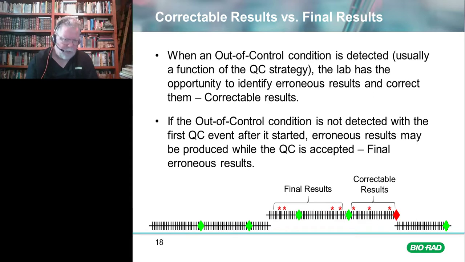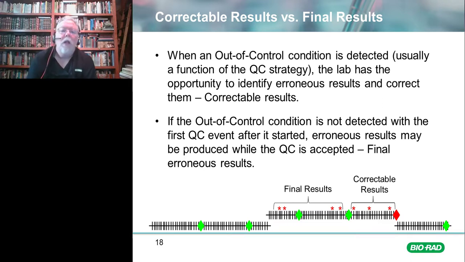So in the depiction here, I have an upwards bias. The mean of my results has increased, and it's increased to the point that I have some results that are going to be erroneous. So now some fraction of the results that I'm producing are outside of my total allowable error limits.